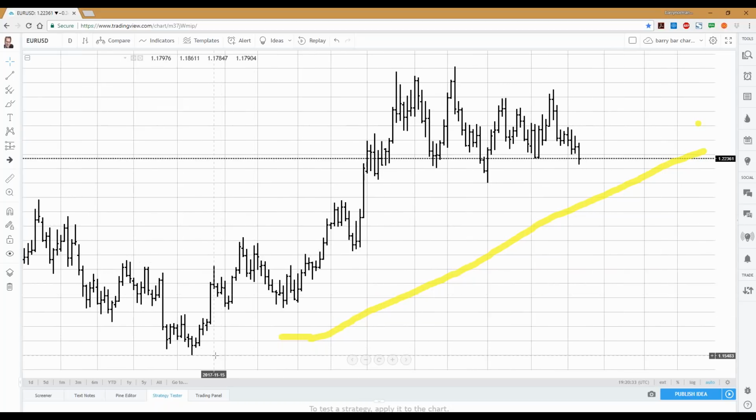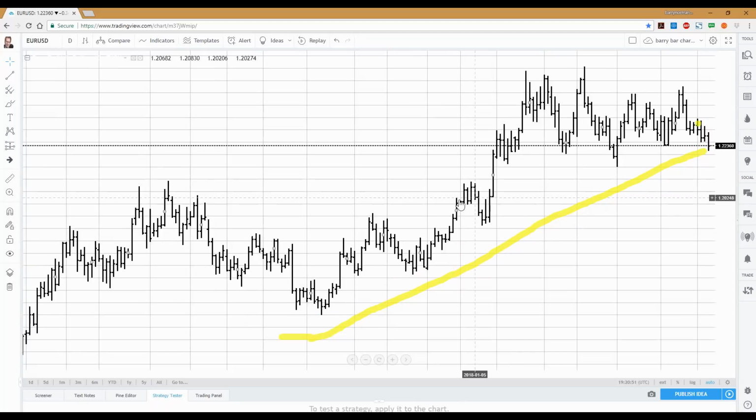So we see it bottom down here at November 17th at 115 and is now moved up here on the 5th today at 121. So we see that the euro is moving in a long-term uptrend.